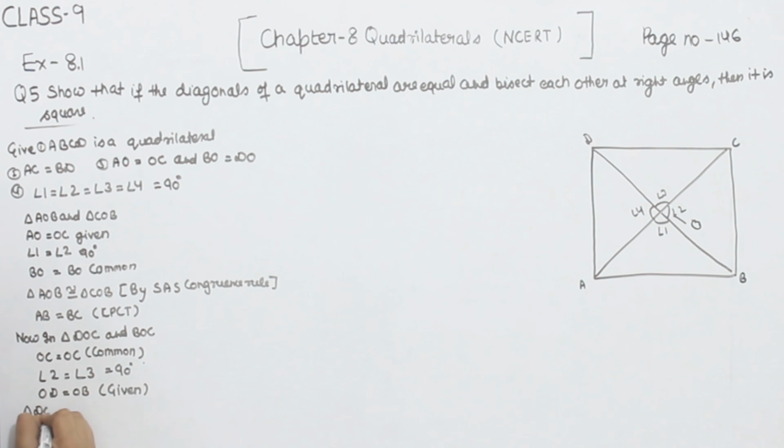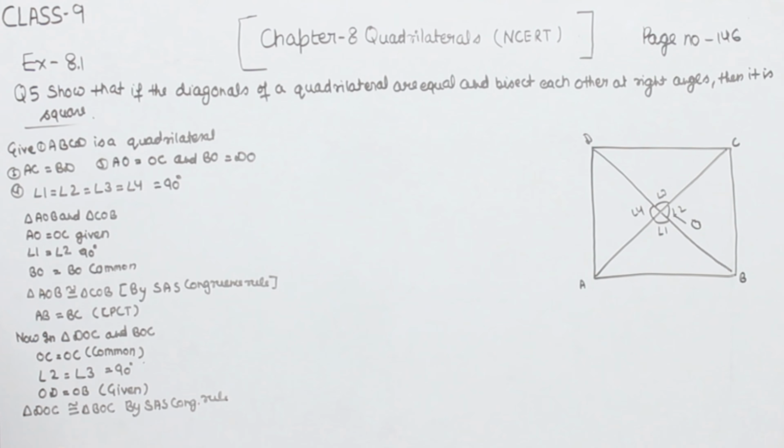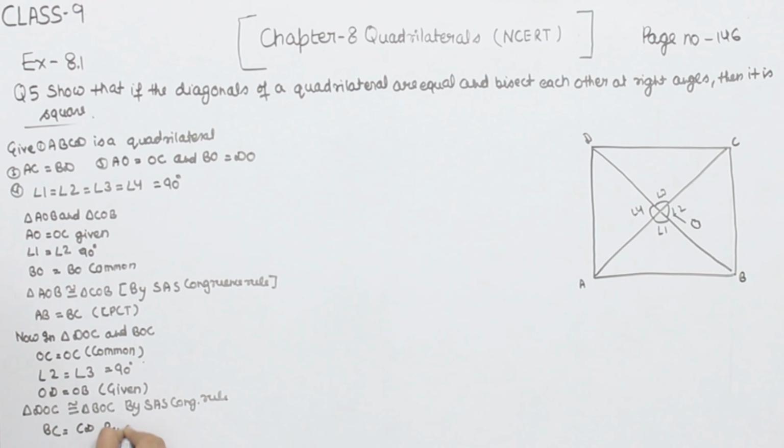So the triangle DOC is congruent to the triangle BOC by side angle side congruence rule. So if these two triangles are equal to each other, then BC is equal to CD by CPCT.